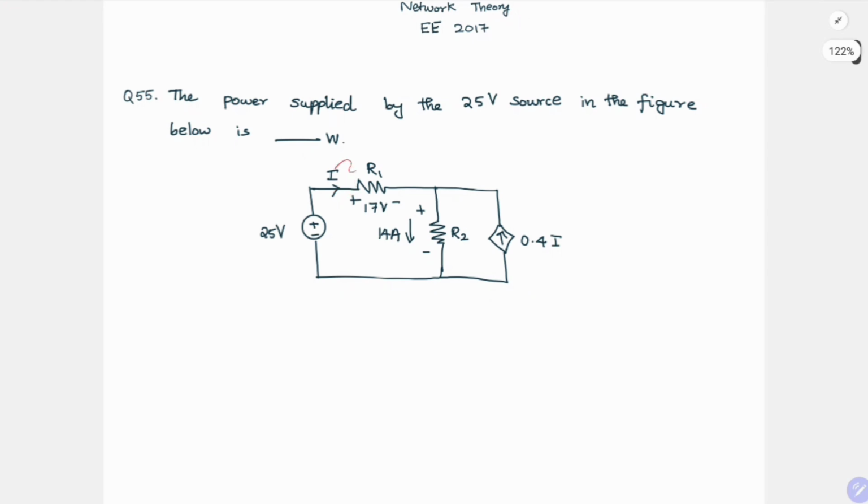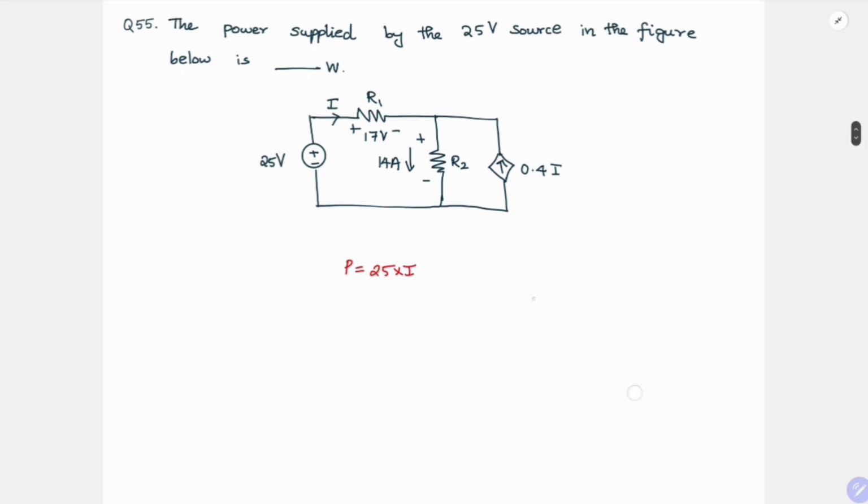And if you notice the current is I, so the power will be 25 into I. So our objective is to find I. And generally, for an element, let's say this is V, if they're asking for power supplied, it is meant that it is supplying power.